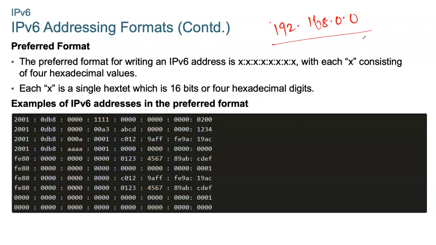In the same way, IPv6 addresses are represented with colons, with each segment consisting of 4 hexadecimal values separated by colons. Each segment is a single hextet, which is 16 bits or 4 hexadecimal digits.